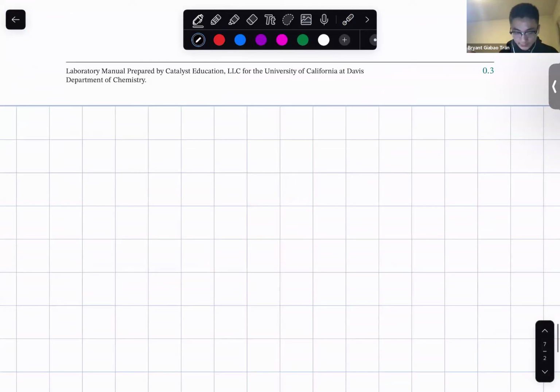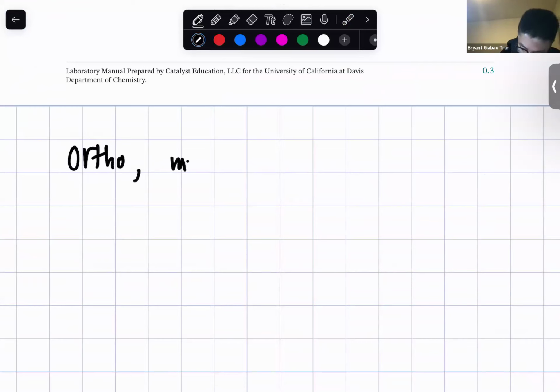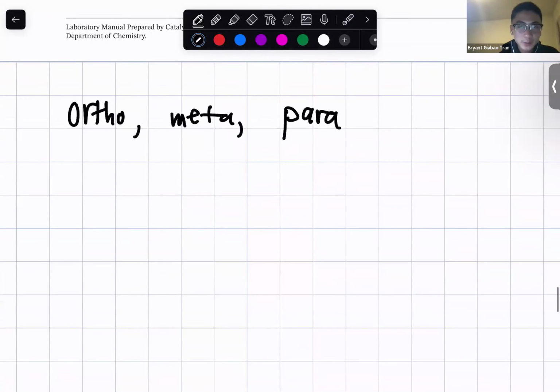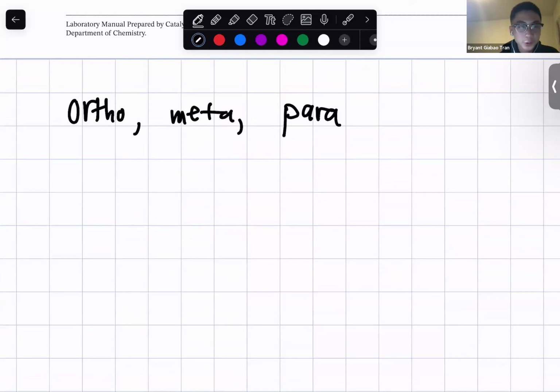So do you guys want to go over the ortho meta para position definitions and what it looks like on HNMR? Okay, so ortho, meta, and para are relationship terms between two groups.